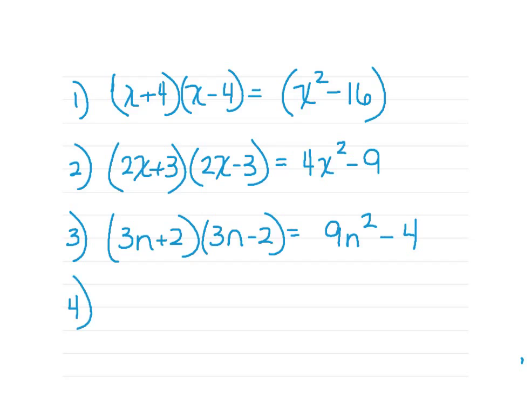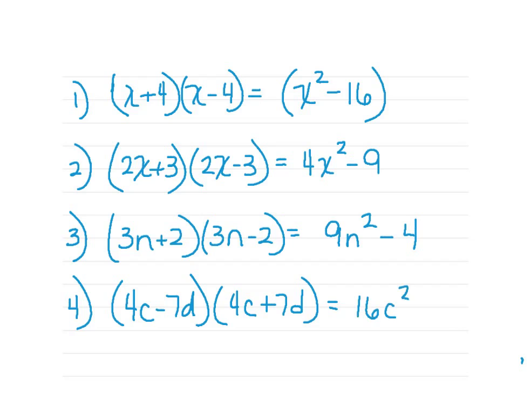Number 4 you will do on your own. 4c minus 7d times 4c plus 7d. Go ahead and hit pause, work out the problem using the pattern, and then check your answer. Okay, the product is 16c squared minus 49d squared.